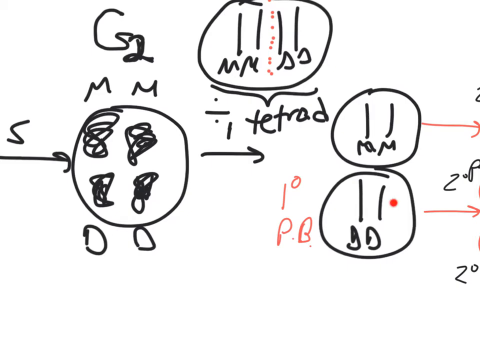Which of these two cells becomes the polar body is, for all intents and purposes, random. So half of the time it would be this cell that became the primary polar body. The other half of the time it would be that one. So that's arbitrary. So you never know which one of the two daughter cells after the first division will necessarily become the oocyte or give rise to the oocyte.